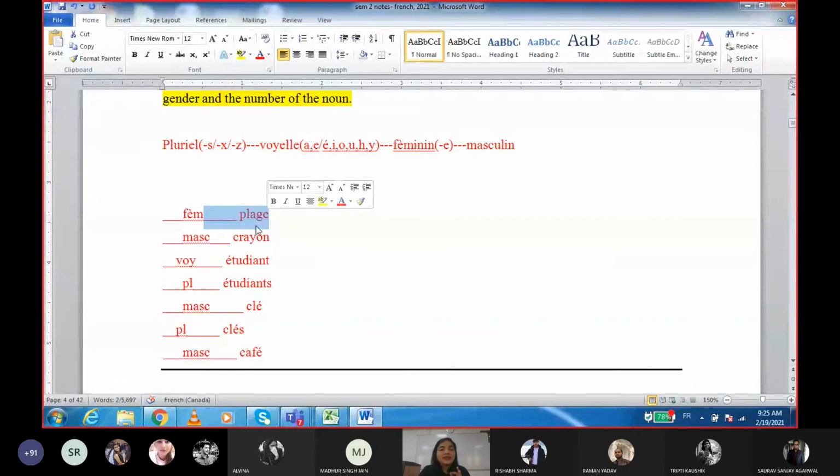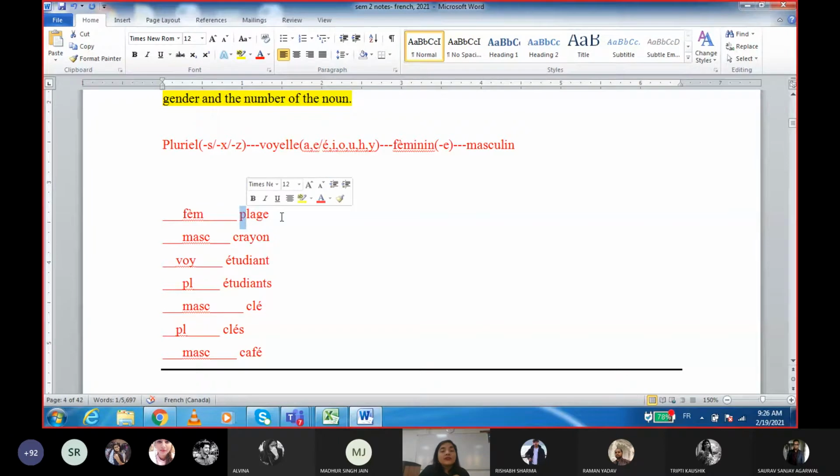So this word is not plural. Now, let's say if I add an S here, now I can say it is plural, but without S, no. Next is vowel starting. Someone can say, ma'am, it is a vowel because it is ending in E. But I said you have to check the starting letter in the vowel case. My starting letter is P, and of course P is not part of the vowels. Next is feminine.